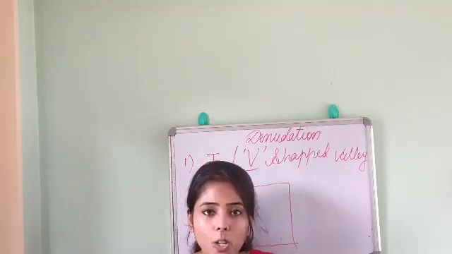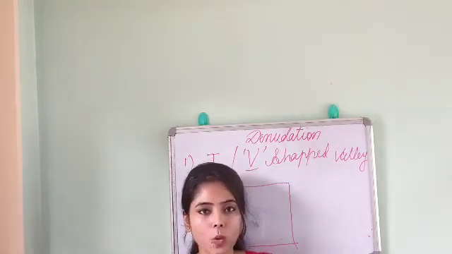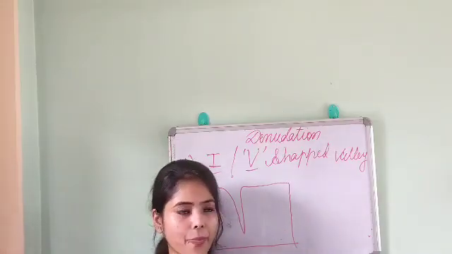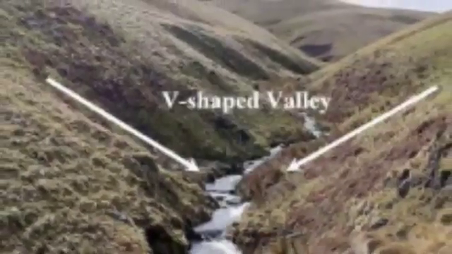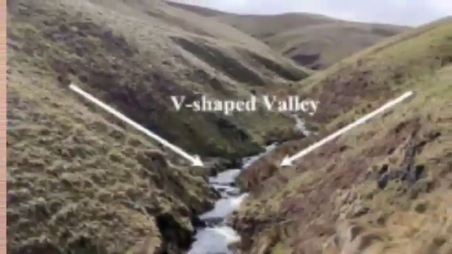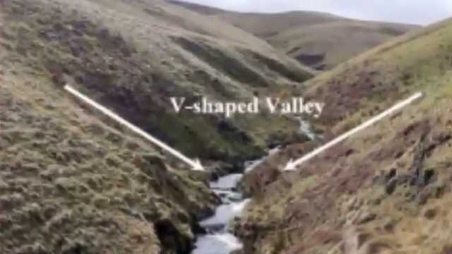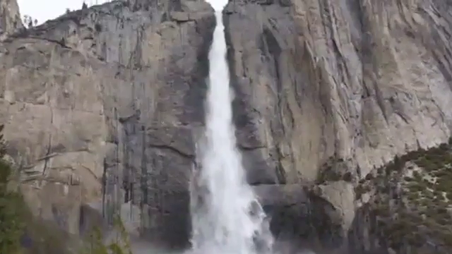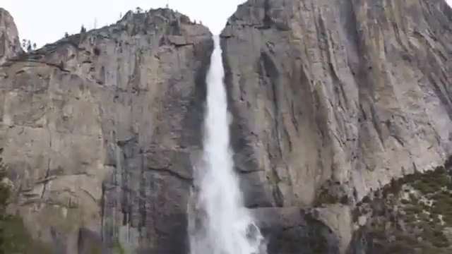When the river is eroding the landform downward, it is known as I-shaped, because it creates this I-shaped valley. And when the river erodes the valley sideward, not in a vertical way but in a horizontal way, then it will be known as a V-shaped valley. Okay. Now the Colorado River's Grand Canyon is the most interesting example of an I-shaped valley.